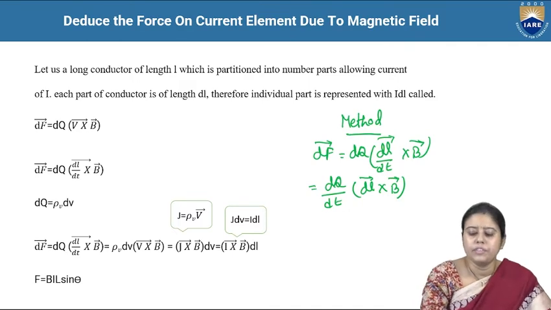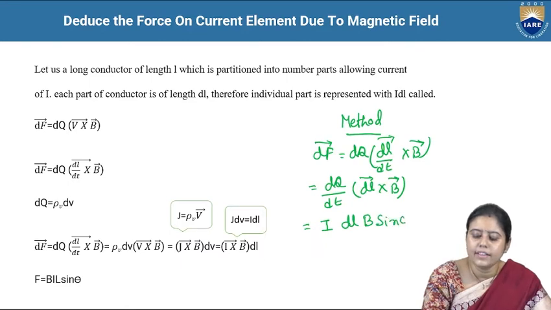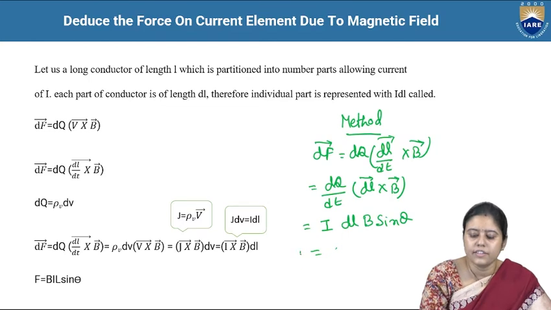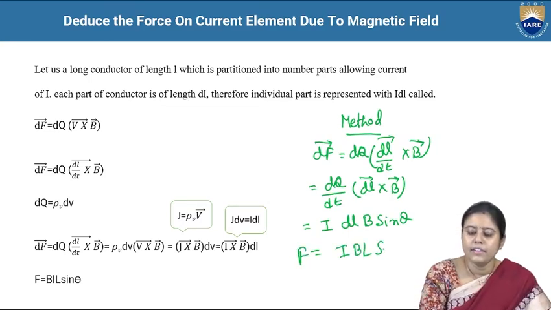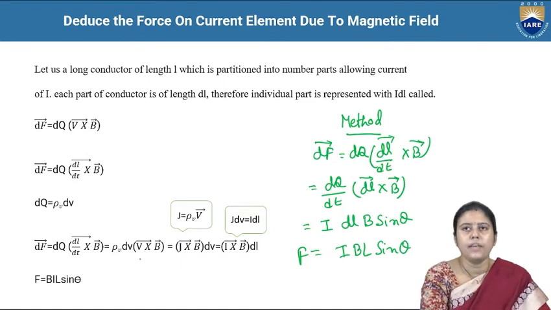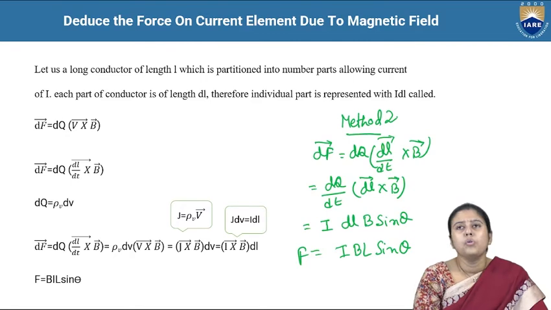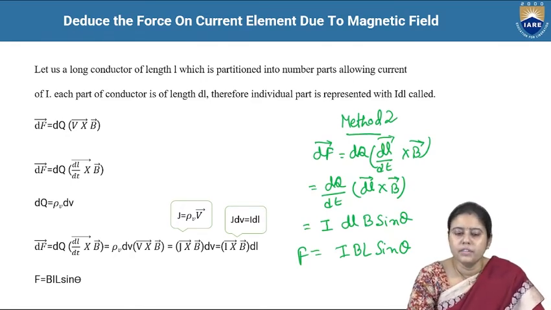Rate of change of charge is equal to current, so I dl B sin theta. If we take the integration on both sides, we get B I L sin theta. So with method 1 and method 2, we can prove this rule.